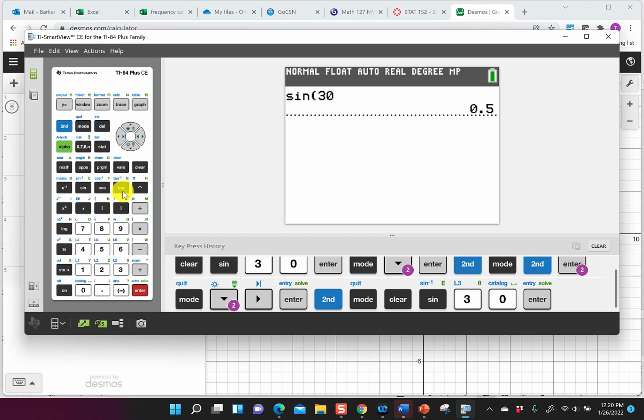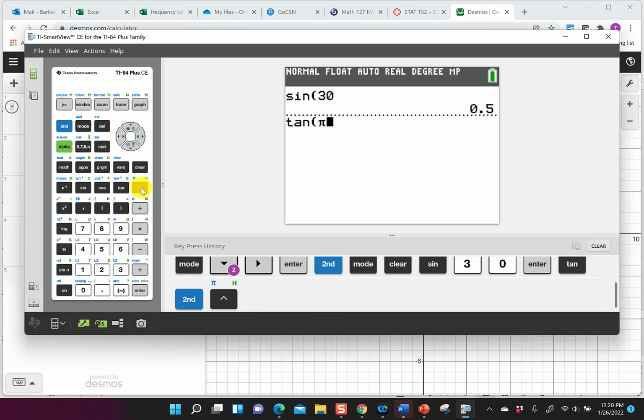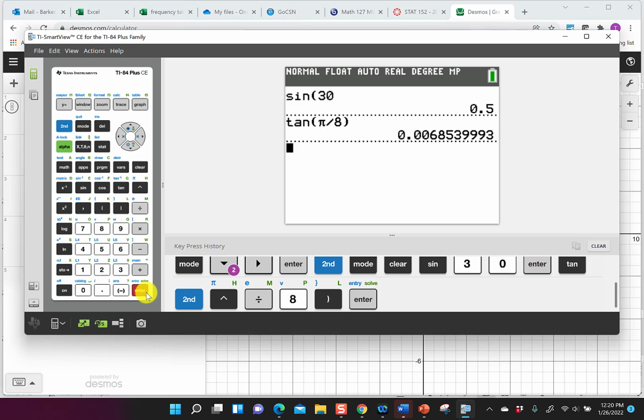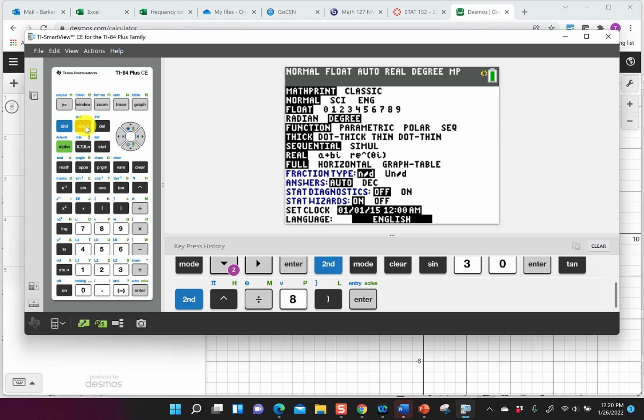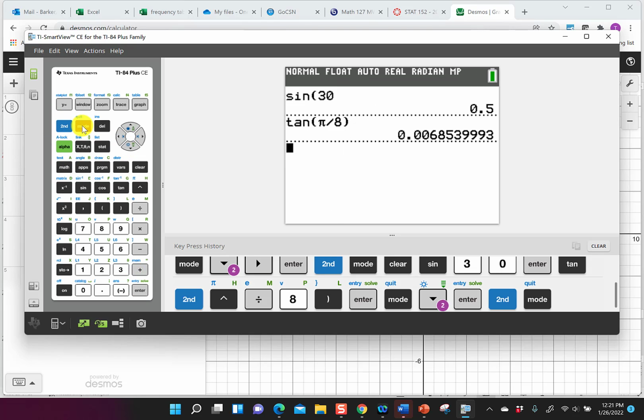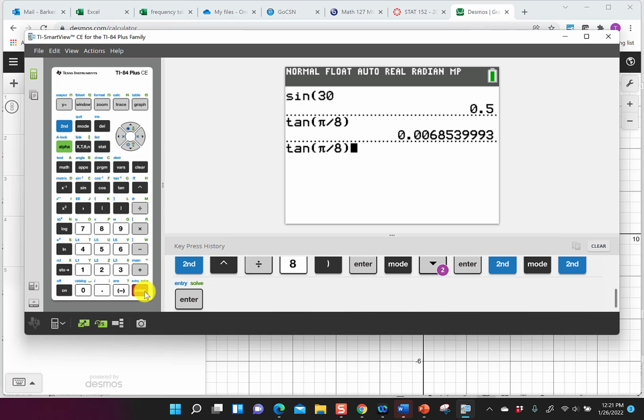So let's go ahead and hit tangent, and then I need to hit pi, which is up here over the up arrow, and then divide by 8. Now this answer is in degrees. So what I want to do is go to the mode, and I want to change to radians. And then I can go back and say, hey, let's do that again. I'm going to hit second enter, it brings it back, and see how I get a completely different answer.